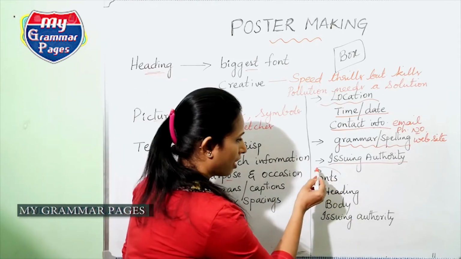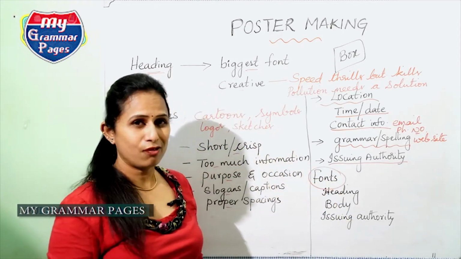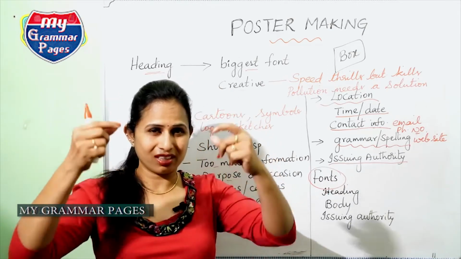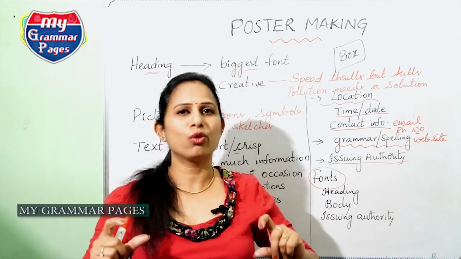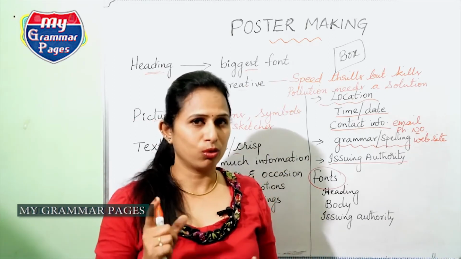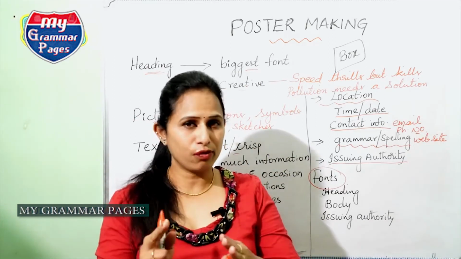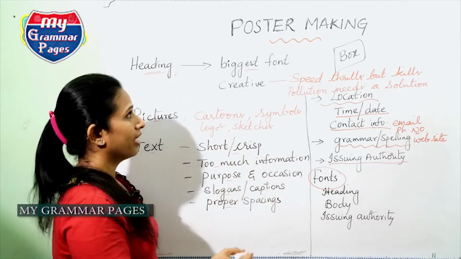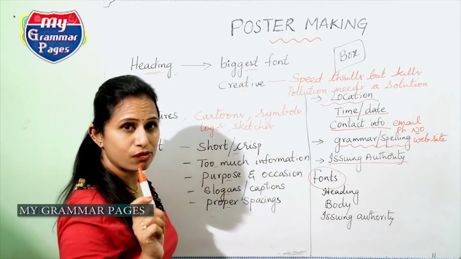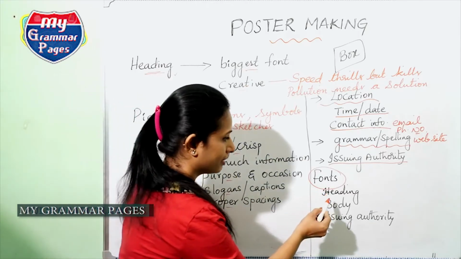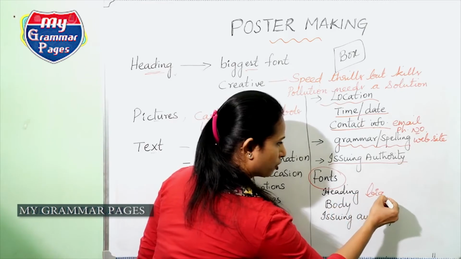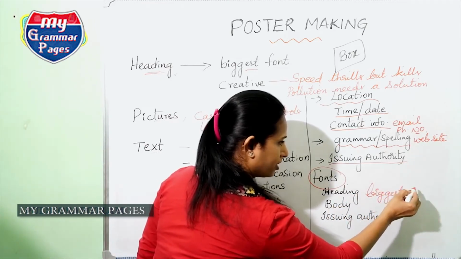And at last, coming to the fonts. Have to maintain the font sizes. If you write the whole poster in the same font, it won't be attractive. So you need to maintain different font sizes. I'll tell you how. The heading should be in the biggest font. Let me tell you once again, this should be the biggest font.